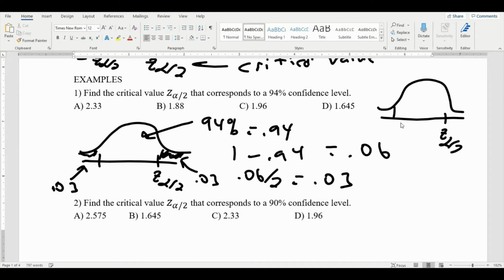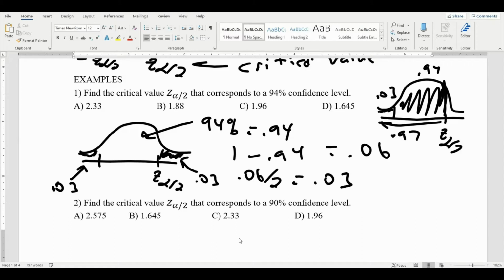It's just these two tails of the same area. From there to there is 0.94, and that's going to be 0.03. All the way across is 0.97. Makes sense? So if you're looking for a table value, you have to look for the table value that's closest to 0.97 and then find that z-score.